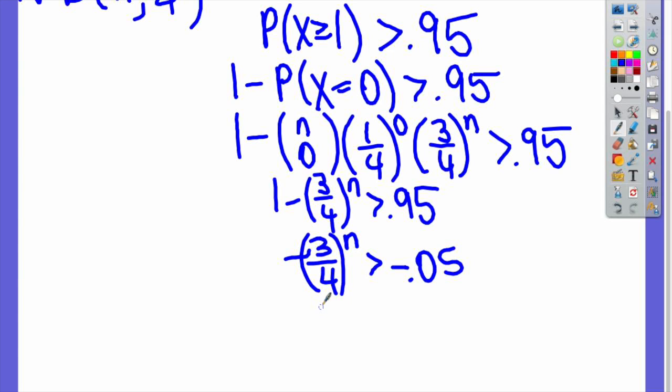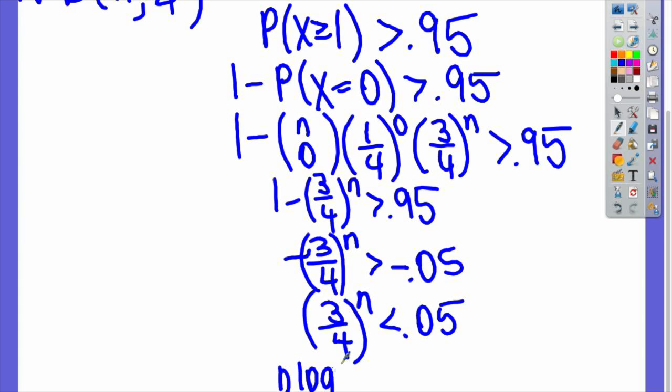Two negatives when you divide make a positive. Did you say anything about that sign flipping? Remember, to bring your variable out, you take the log of both sides.